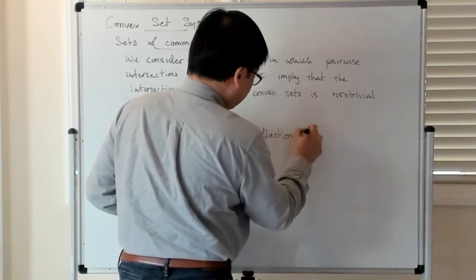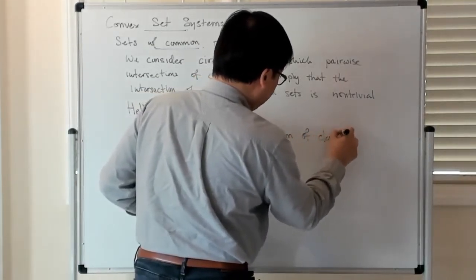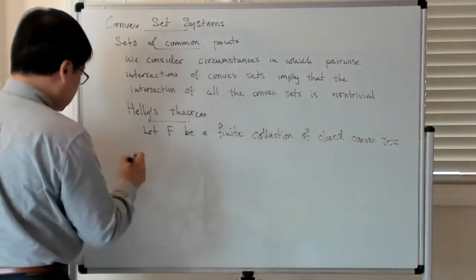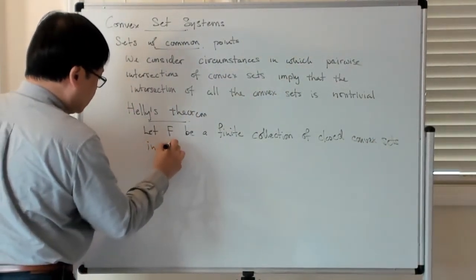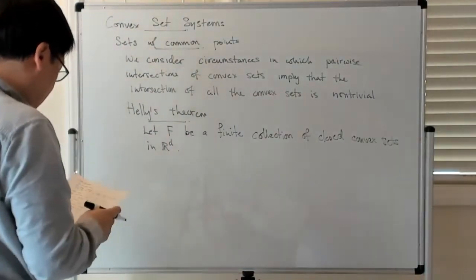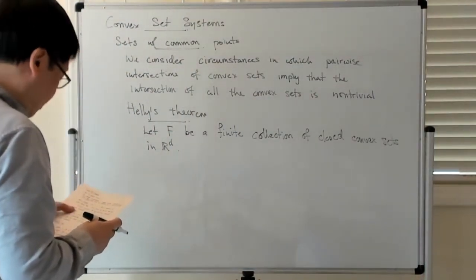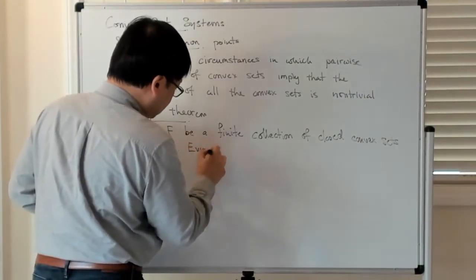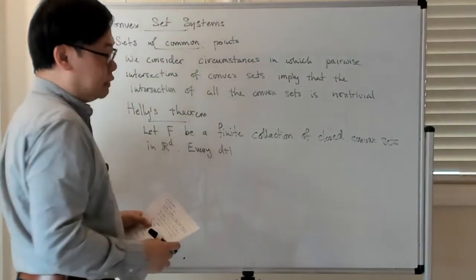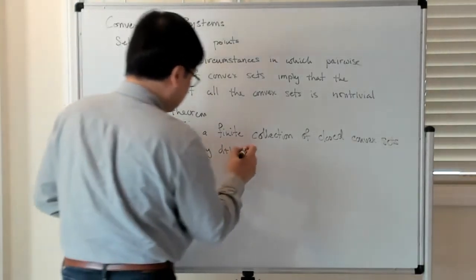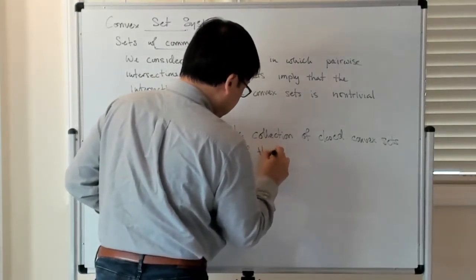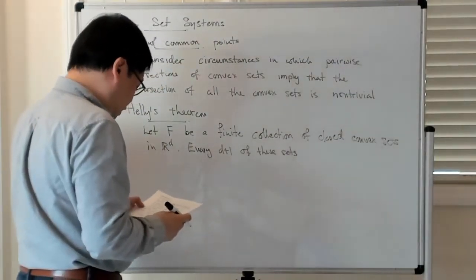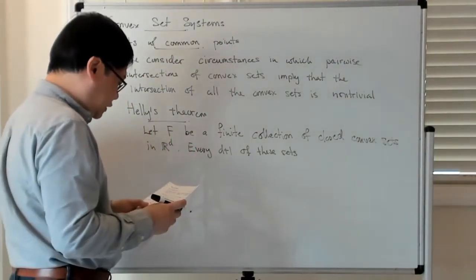Then the claim is that every d plus 1 of these sets have a non-trivial intersection if they all have a non-trivial pairwise intersection.